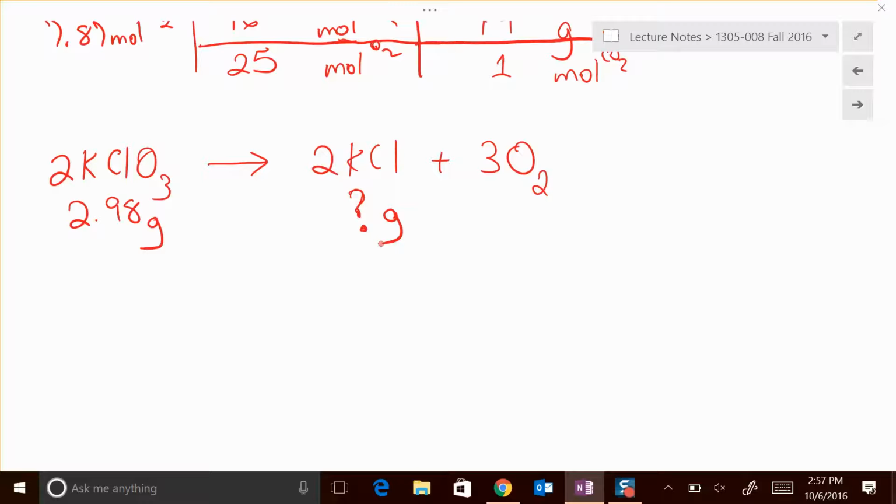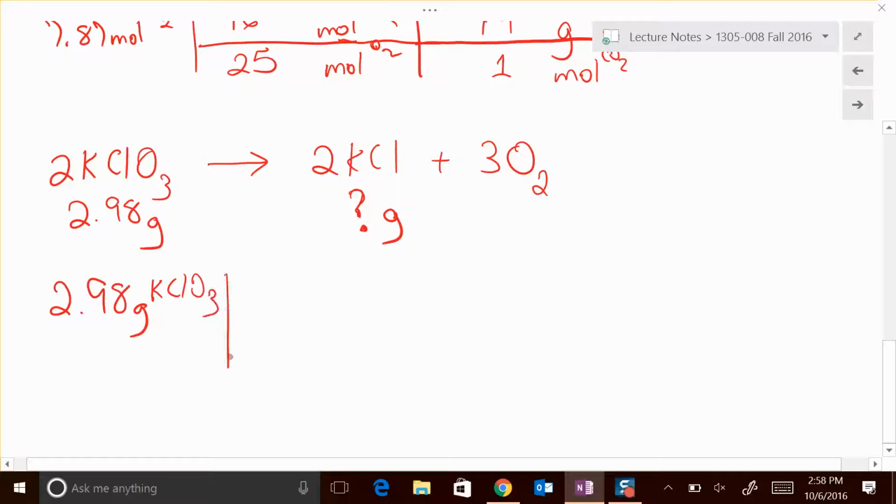Okay, so let's go ahead and look at the process. I'm going to start with my 2.98 grams of KClO3. My first step is to convert that into moles of KClO3, because I cannot use grams to go from one thing to another.